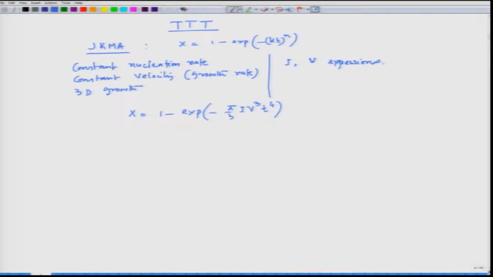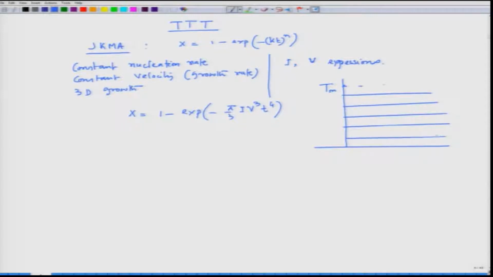Now, let us say in case of solidification, this is my melting temperature. I will go to this range and make it liquid, the entire solid is transformed to liquid, and I take different temperatures and then try to plot.